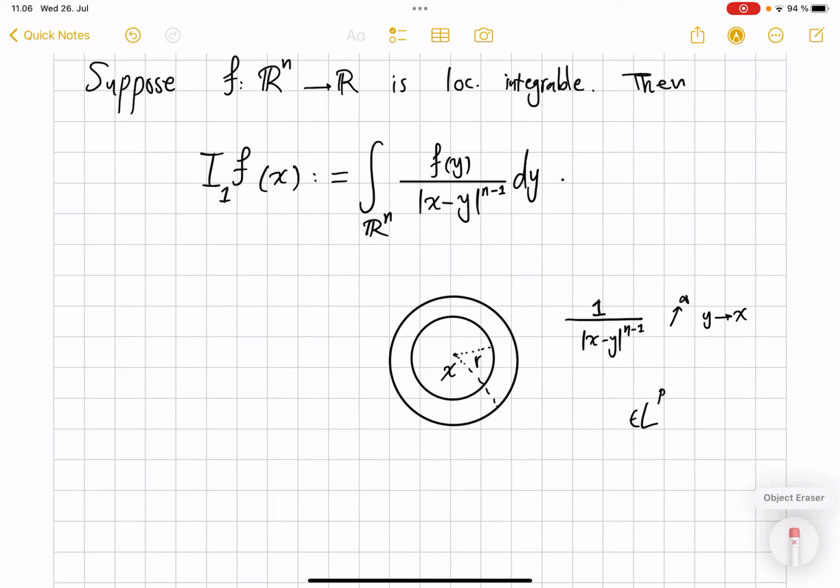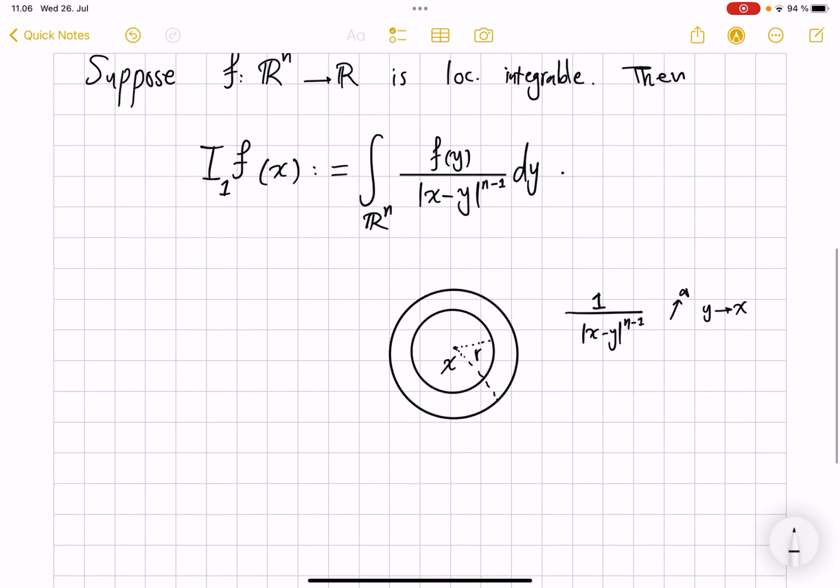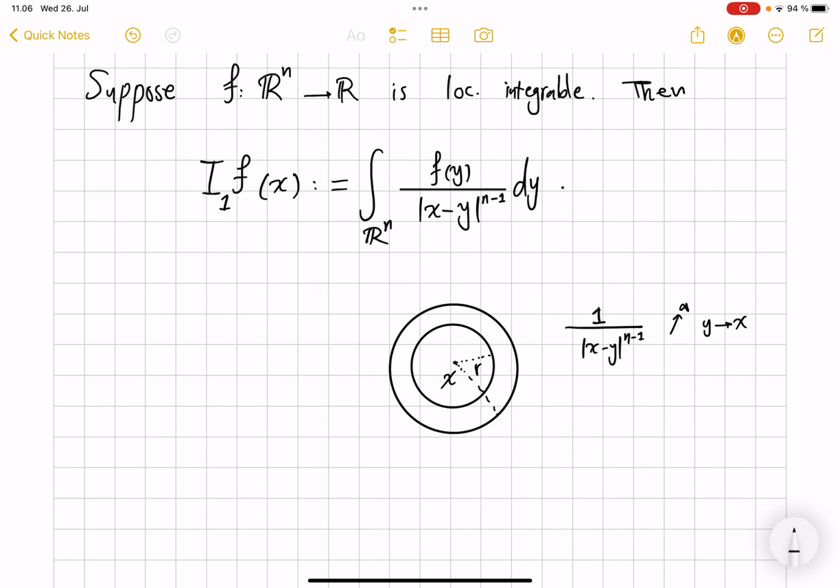this cannot happen at many points, just like in the maximal function case. So that's why for integrable functions, despite visually having this singularity, the I_1 f function cannot be large everywhere.